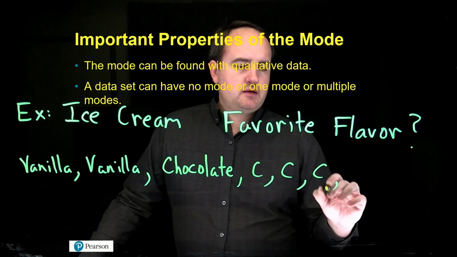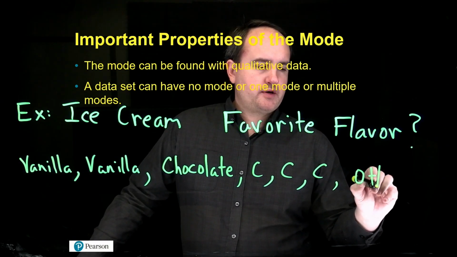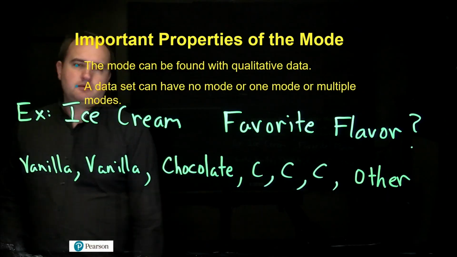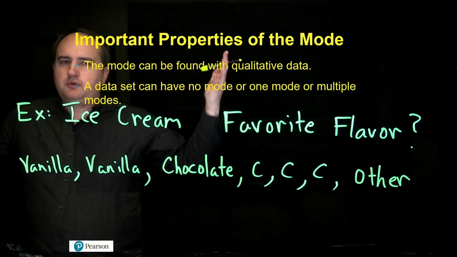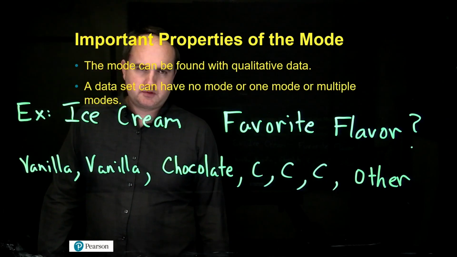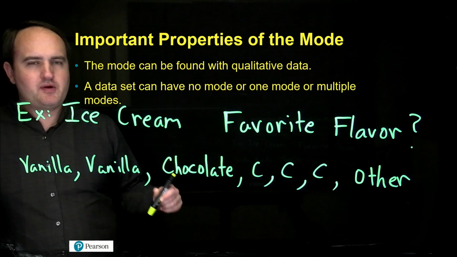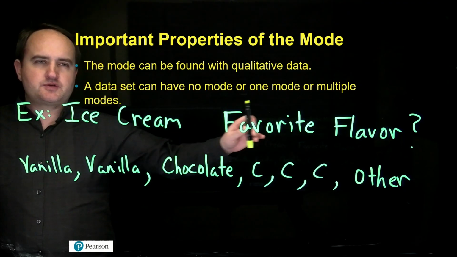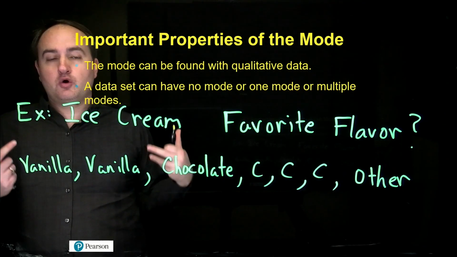And then maybe 1 more person said other. Like maybe that person said mint chocolate chip. Anyway, the whole point of this example isn't to worry about ice cream, but more to point out that vanilla, chocolate, and other is qualitative data or categorical data.